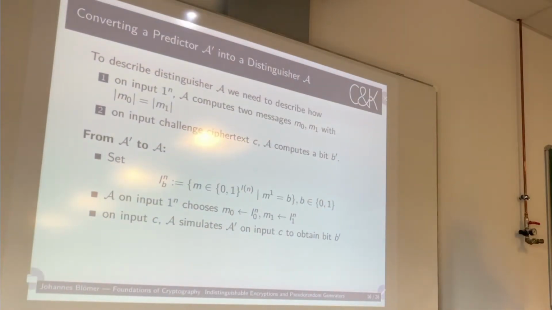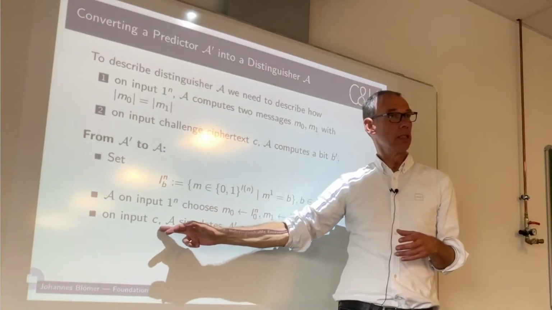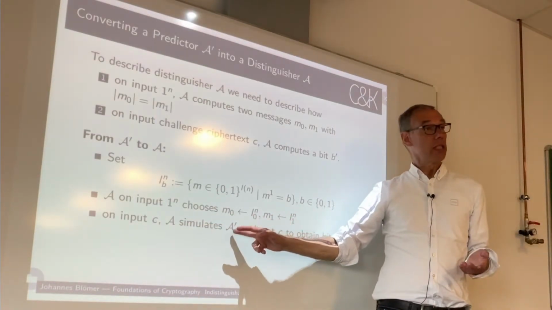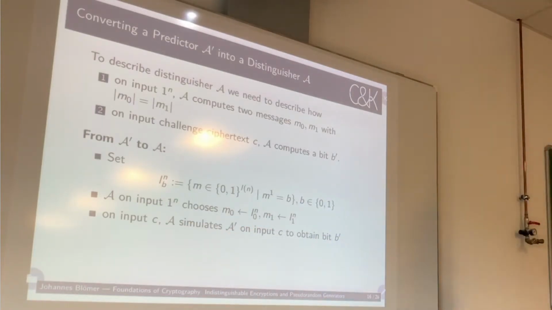Next step. Then the game goes on. C has already chosen its key. It gets the two messages M0 and M1, picks a bit b uniformly at random and encrypts M_b. So eventually A gets the input c. And now I do what I just said. Now I use A prime as a subroutine, which I usually denote by simulating A prime.